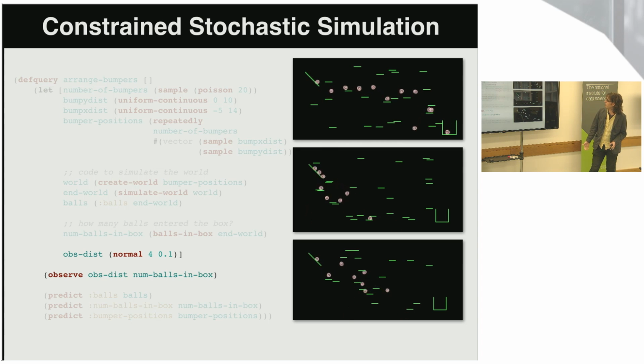So if you run it now and run inference, you get samples where approximately 4 of them end up going in. In doing this, they bounce off of each other in crazy ways. These are in some sense posterior samples conditioning on approximately 20% of the balls landing in the box at the end.